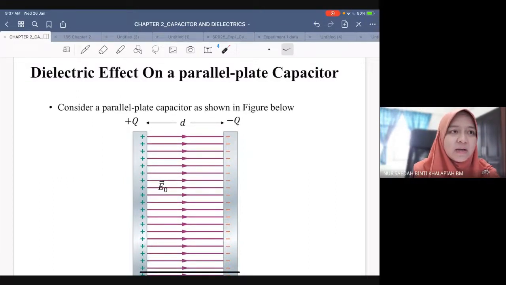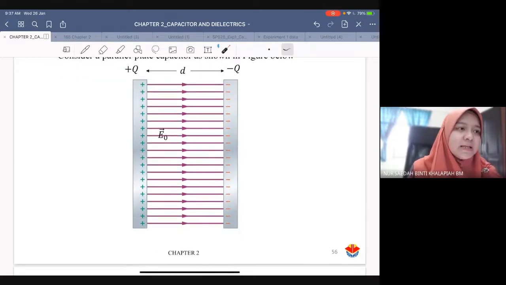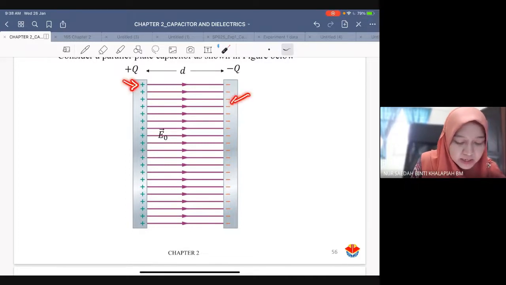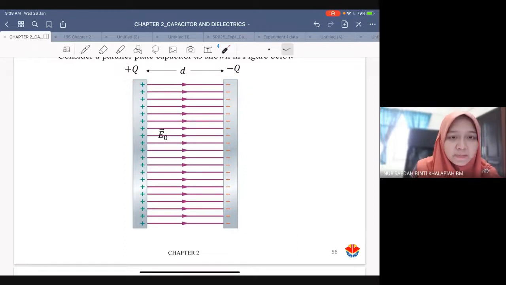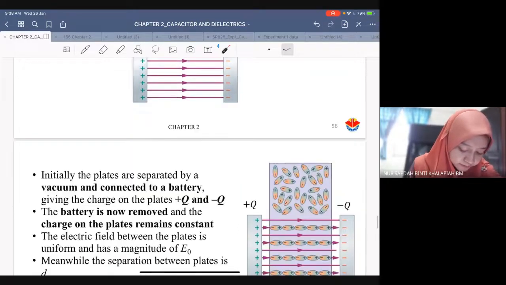Okay, so macam mana dielectrics effect kita punya parallel plates capacitor? Kenapa bila masukkan dielectric capacitance boleh bertambah? Okay, so capacitor kita consists of 2 parallel plates that are opposite in sign. Maksudnya kita ada satu plates yang positive charge, satu plates yang negative charge. So what happens in between these two plates? There will be a uniform electric field in between the two plates.